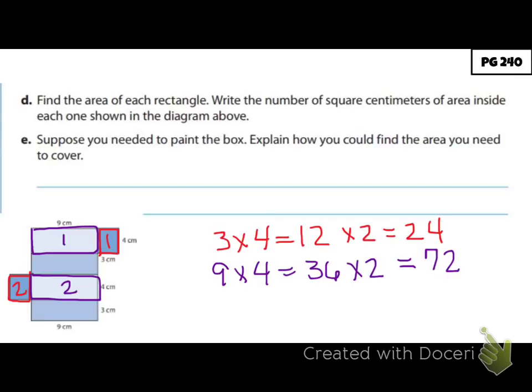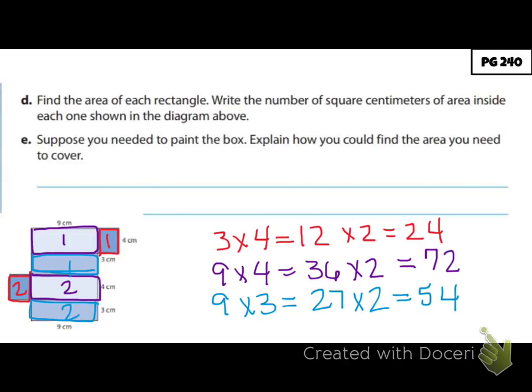And then we have the top and bottom, which are the blue ones here, and those were 9 times 3. So 9 times 3 is 27, but once again, there are 2 of them, so we multiply it by 2, which gives us 54.